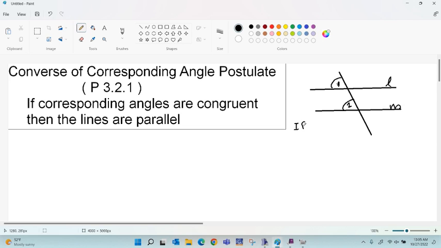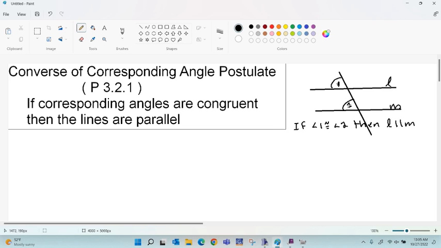So if angle 1 is congruent to angle 2, then L is parallel to M. Yesterday said if L is parallel to M, then angle 1 is congruent to angle 2.